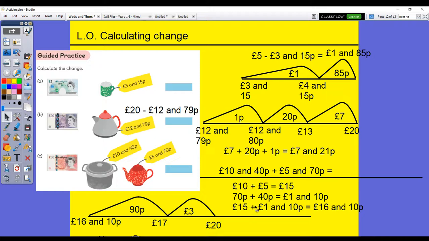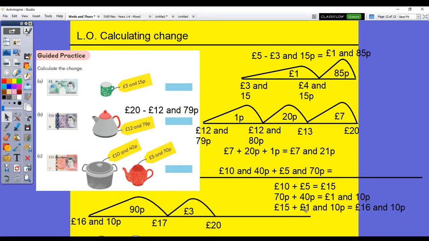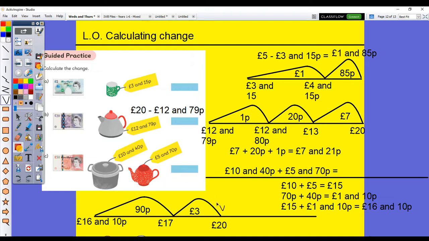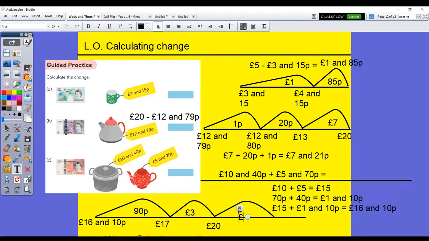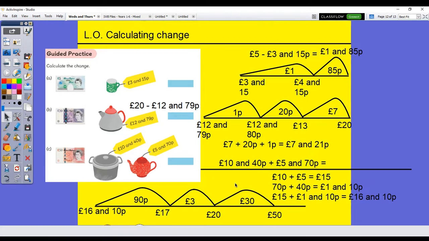So how far are we now to £50? You're really good at counting in your tens, so let's continue counting in our tens. 20, 30, 40, 50. So of course, if we added 30 more pounds, we're going to get to £50. Okay, and then we can add it all together.